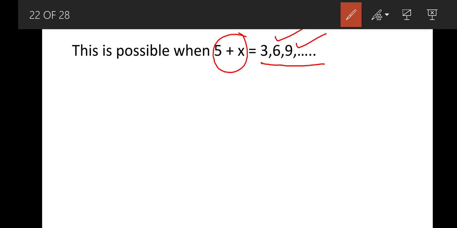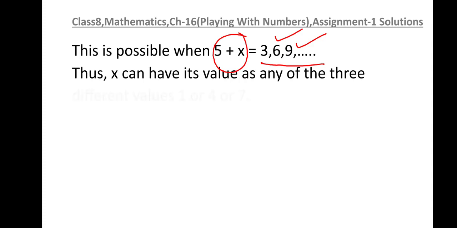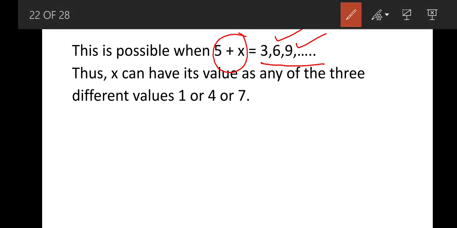So the possible values of x can be 1, 4 or 7. I hope this is clear to you. From this sum, you can get to know the value of the unknown variable. You just keep on putting values so that the sum becomes a multiple of 3 and then you will be able to get the values as 1, 4 or 7.